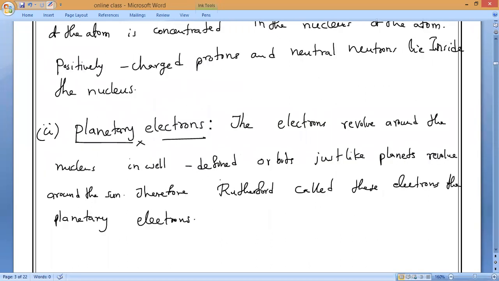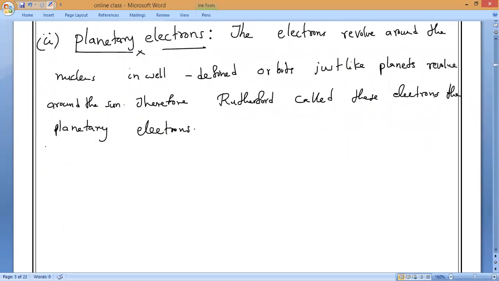Okay, next. Nucleus charge. What is the charge of the nucleus? Third point, anybody? Write the second point. Positive charge. That is what you can write.